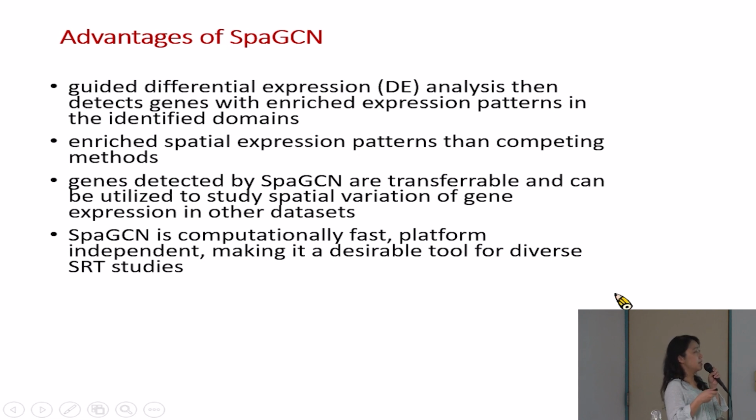And this data is transferable, so it can be used to study the spatial variations of gene expression in several data sets. For example, in this paper, they have used the spatial transcriptomic data set and the 10x data set. And it is computationally fast and platform independent. It will make it easier to define diverse spatial transcriptomics results.